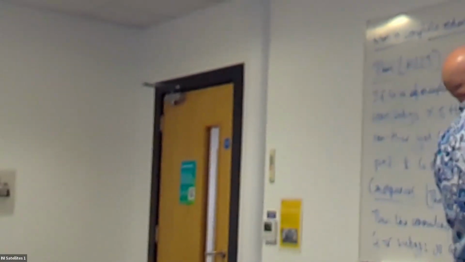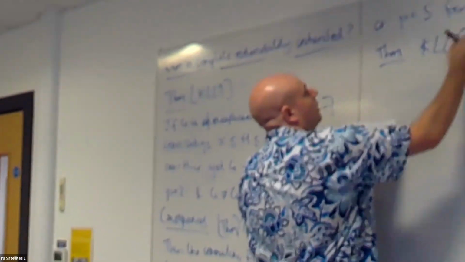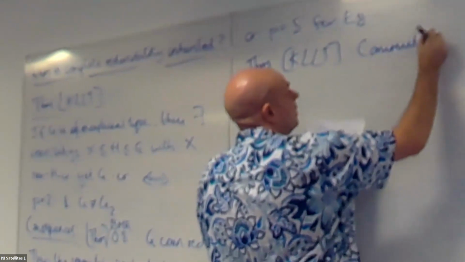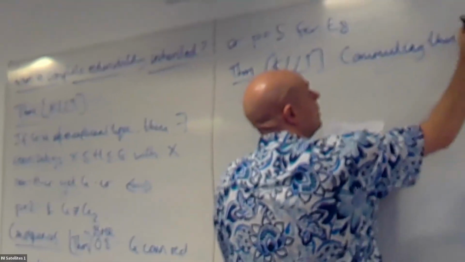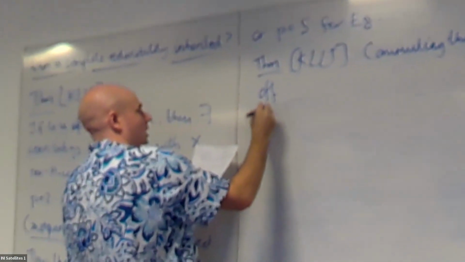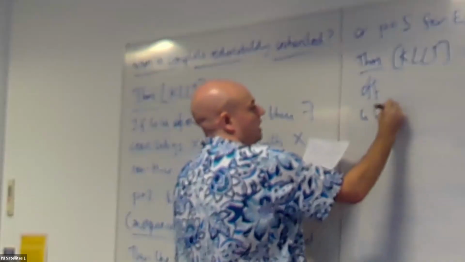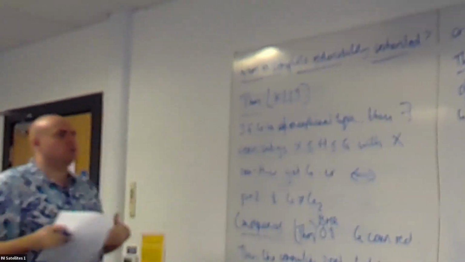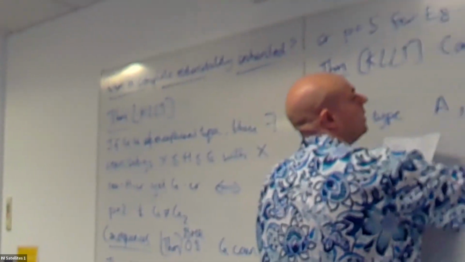And luckily now, basically for free, we get to say that the commuting theorem holds if and only if G is of type, by which I mean the simple one, but if you take something semi-simple or even reductive with a torus, just make sure all of your types are in this list: A, G2, F4.